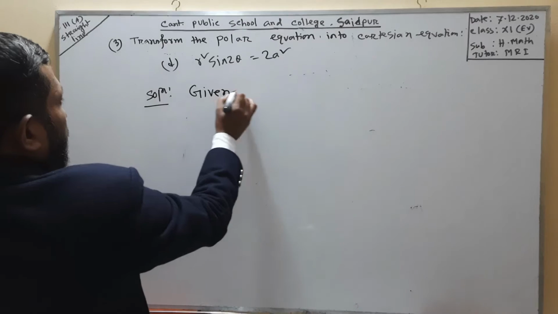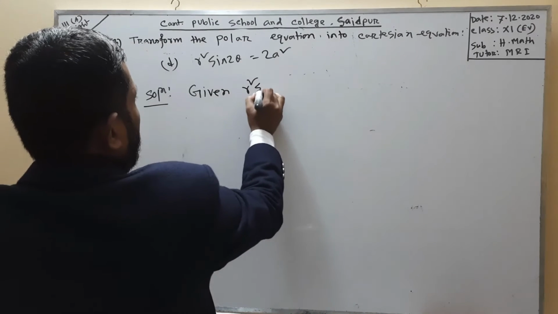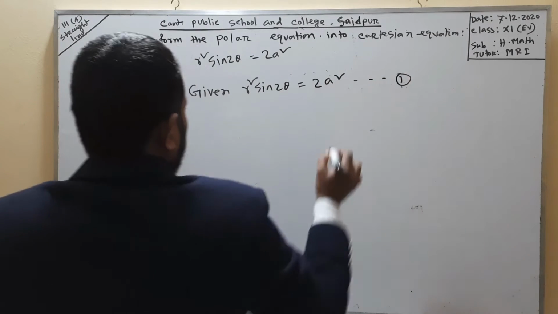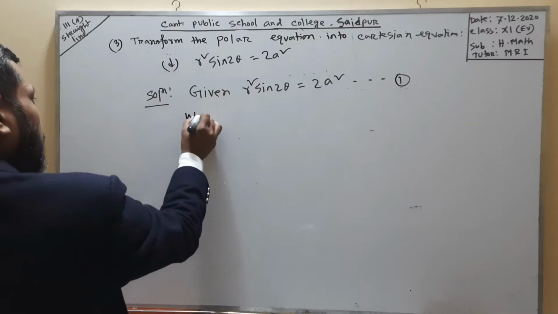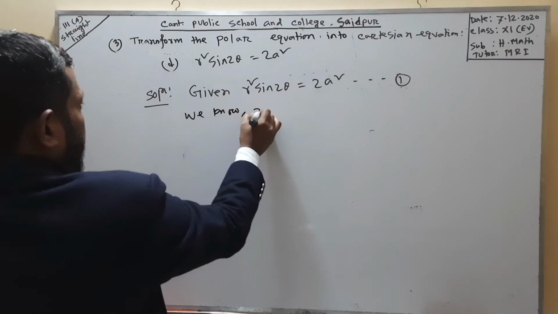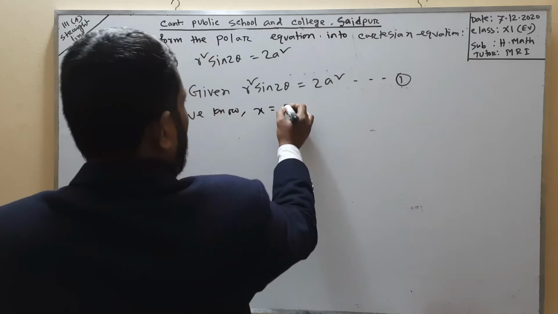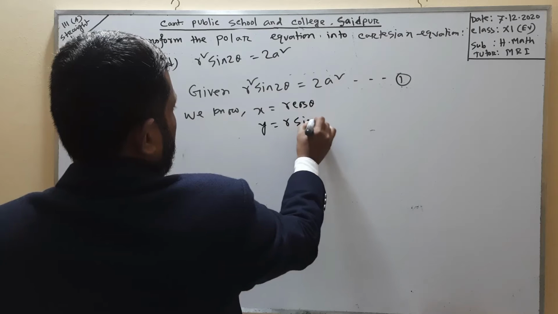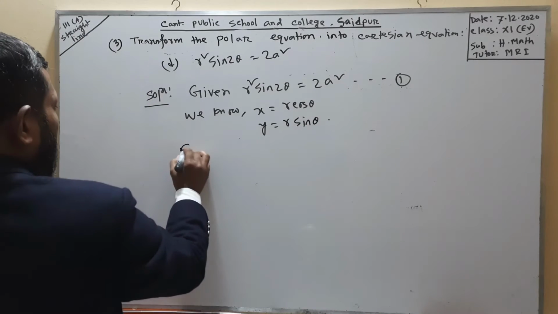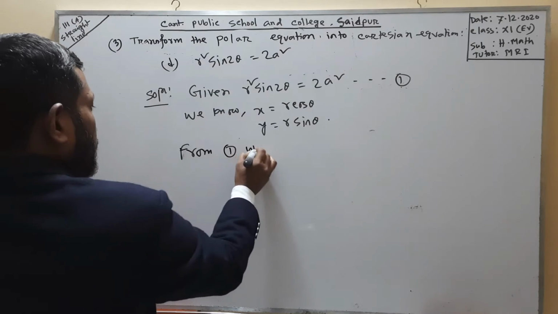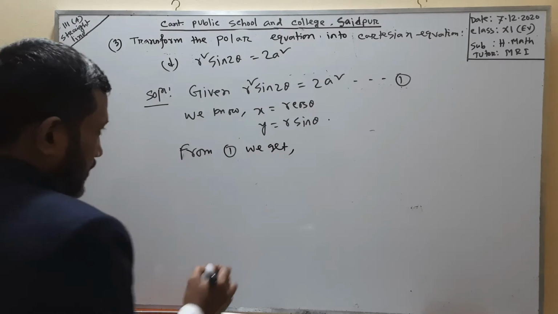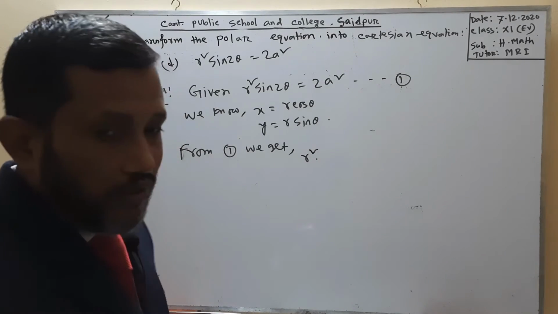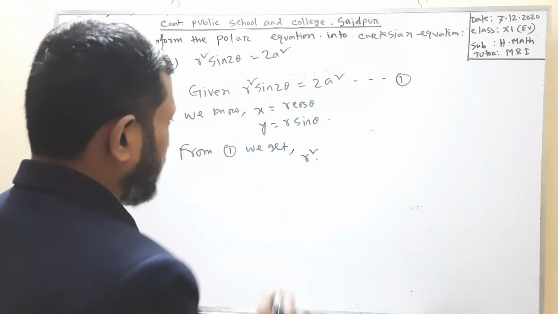Given r square sin 2 theta is equal to 2a square, we know x is equal to r cos theta and y is equal to r sin theta. From 1 we get r square sin 2 theta is equal to 2a square, and we know sin 2 theta is 2 sin theta cos theta.